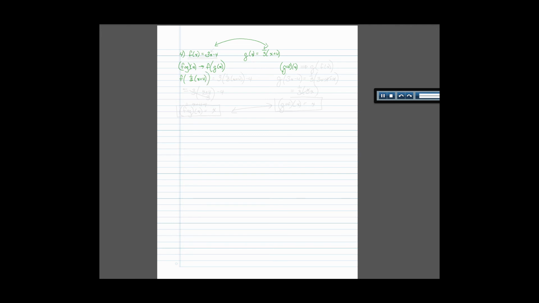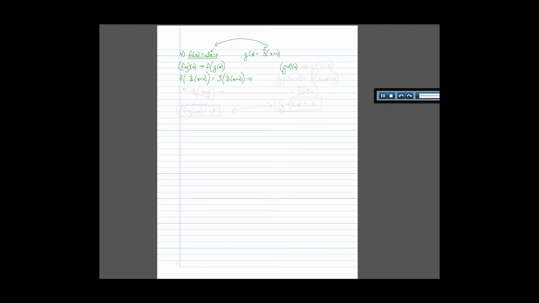You don't need to distribute it. F of that means go to the f function, and wherever there's an x, put in the stuff in parentheses. So that would be equal to 3, that's this 3, take out the x, put in 1/3 x plus 4, and then minus 4.